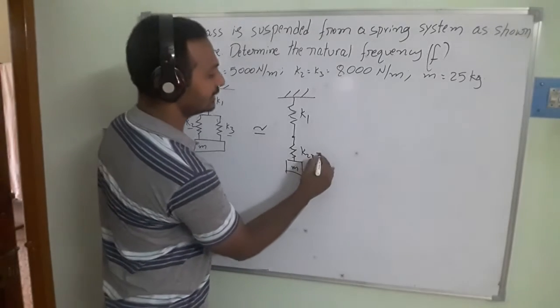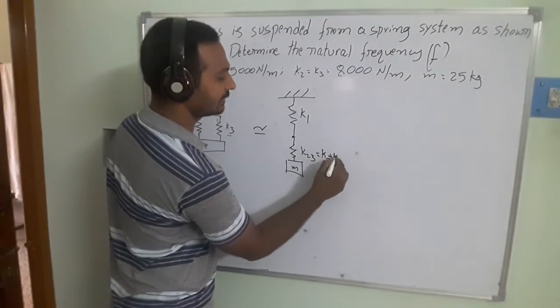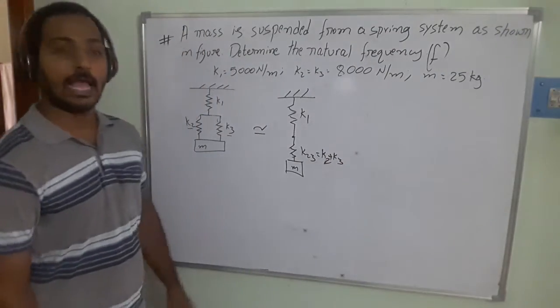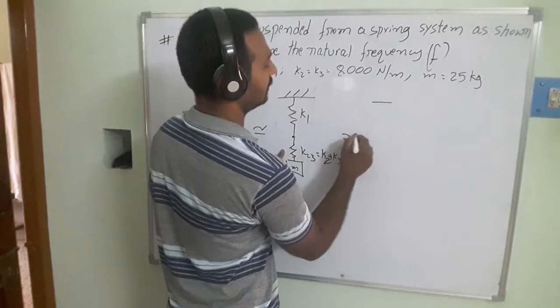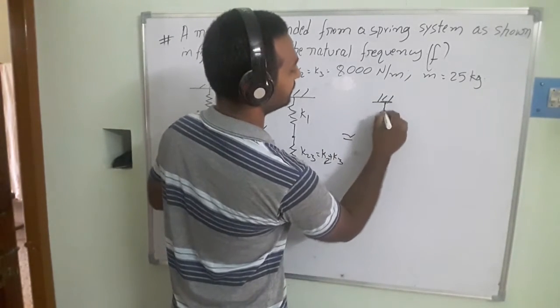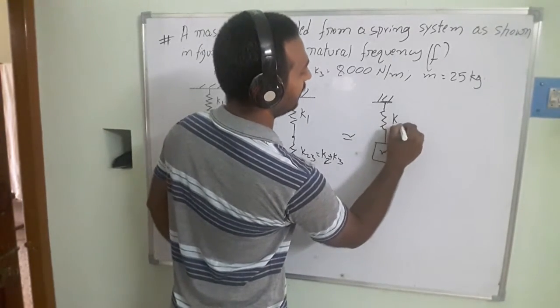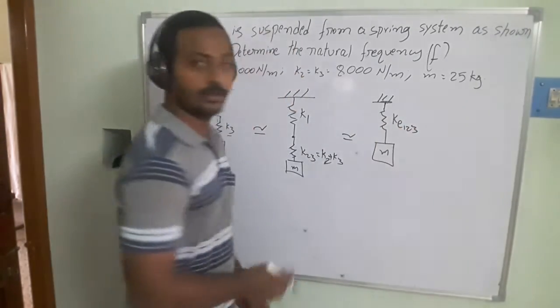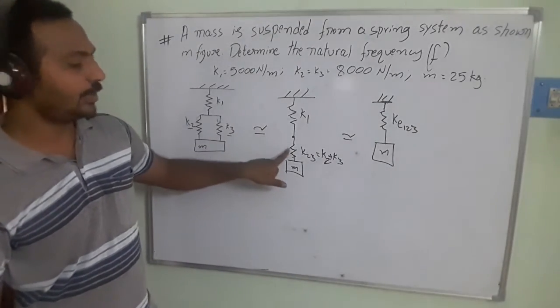This is equal to K2 plus K3. Once you simplify this, we get another simplified diagram: a single spring, KE123, with the mass. Here we have the parallel and here we have the series.